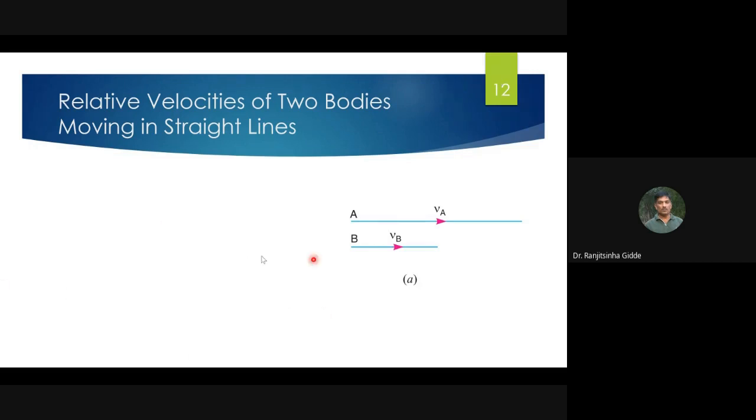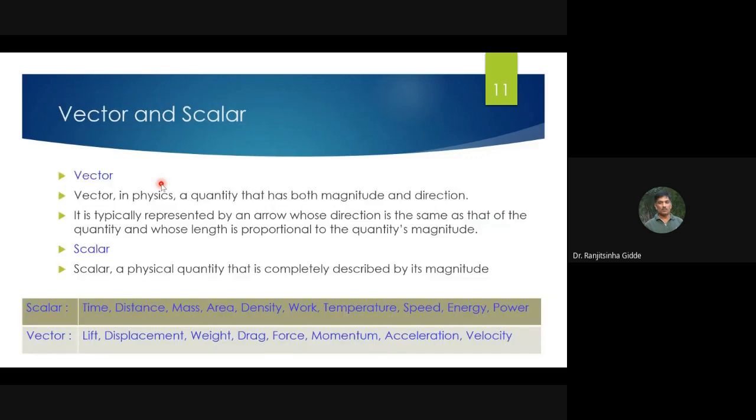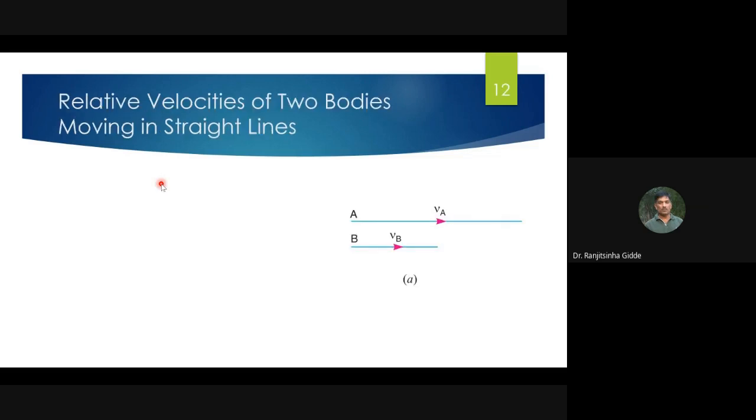So write down: relative velocities of two bodies, two bodies moving in a straight line.